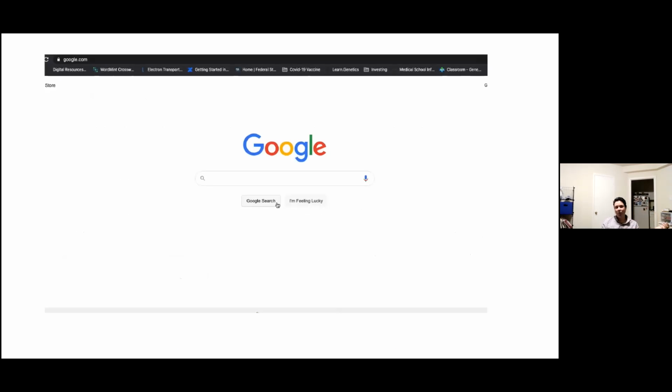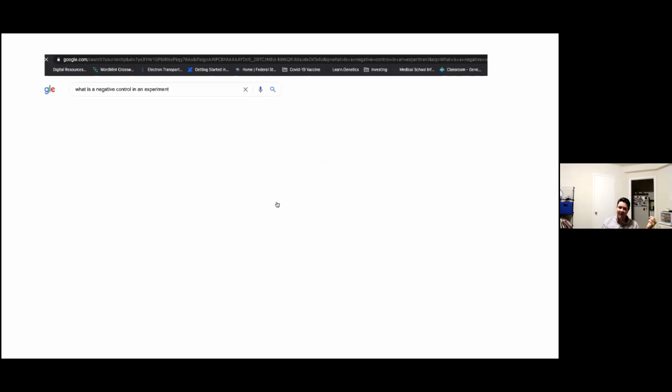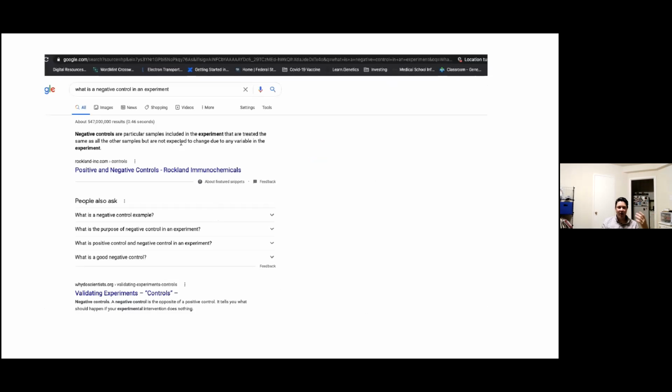I just come to Google real quick and type in, what is a negative control in an experiment? And quickly, Google tells me negative controls are particular samples included in the experiment that are treated the same as all other samples, but are not expected to change. Oh, that must be why they're negative.